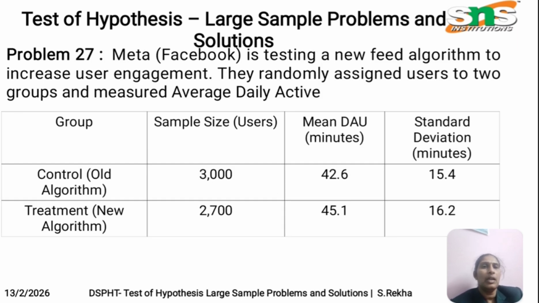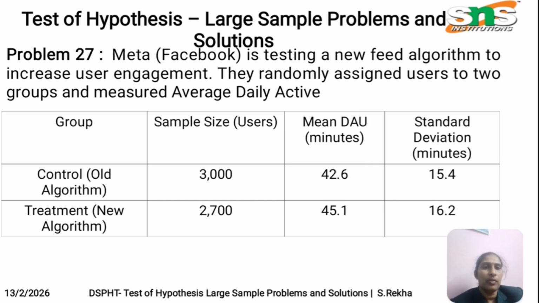We have taken a Facebook problem with a new feed algorithm to increase the engagement of the customers. Users were randomly assigned to two groups, measured by average daily active usage. For example, the old algorithm is used for one group and the new algorithm for the other group.